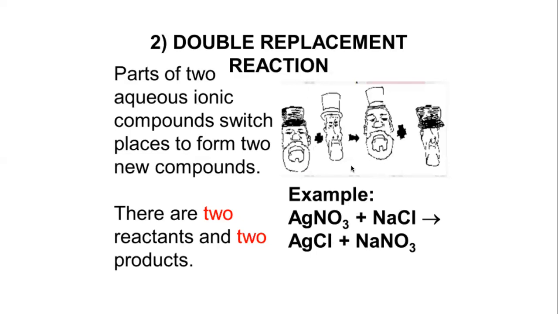And again, in this cartoon here, you can see that we have two individuals. One has a black hat and one has a white hat on. And then what they do is they just swap their hats, or at this point, we just swap our non-metals, we replace them. So now the individual that had the black hat now has the white, and the individual that had the white hat now has the black.